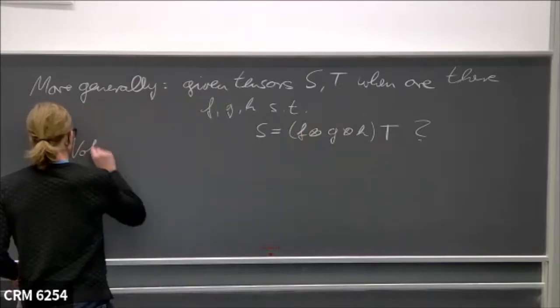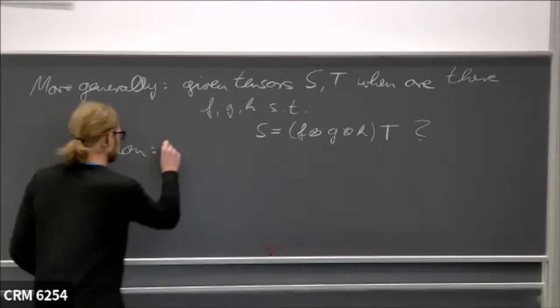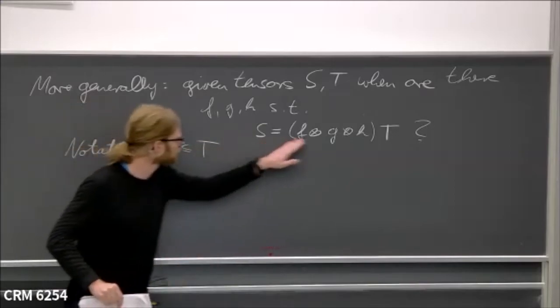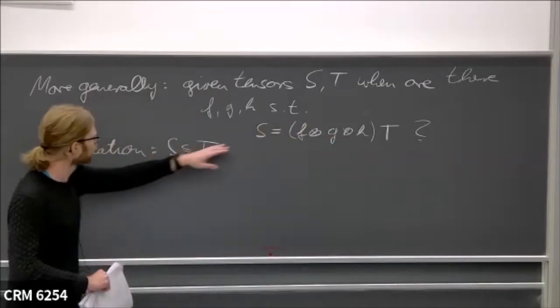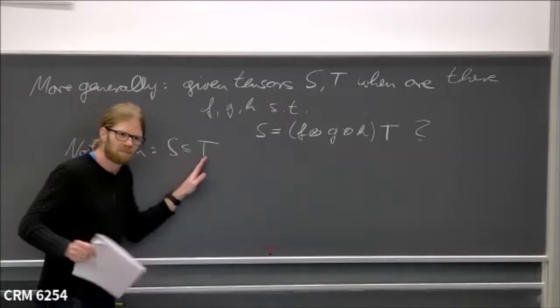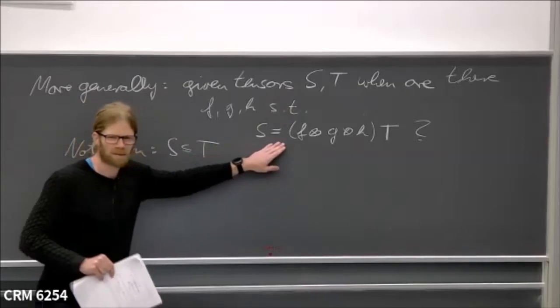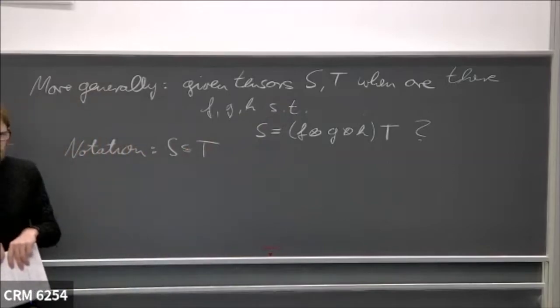To have a more concise notation, I'm going to write S ≤ T for this notion that there exist such linear maps F, G, and H. I'm also not assuming that S and T live in the same dimensions, so these can be different. This is a preorder relation, reflexive and clearly transitive, on the set of tensors of arbitrary dimensions.